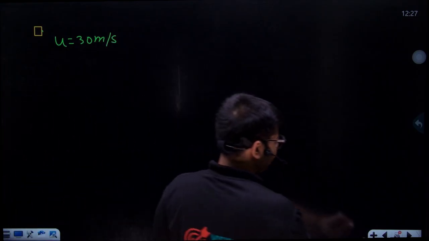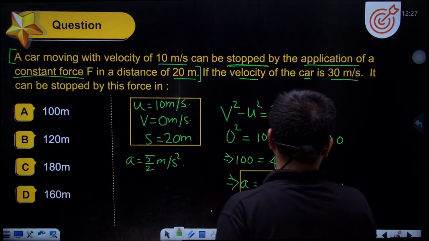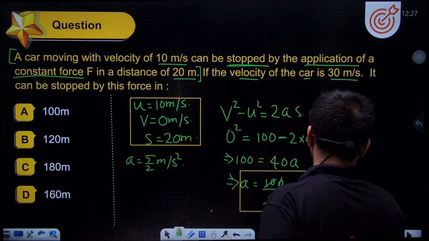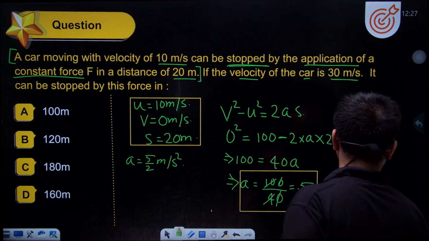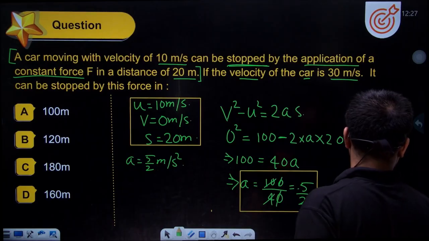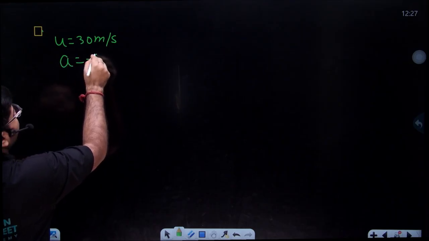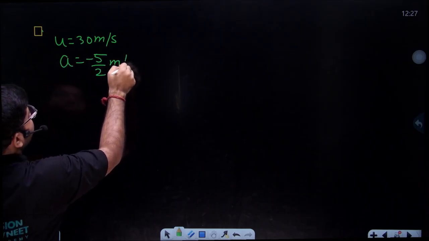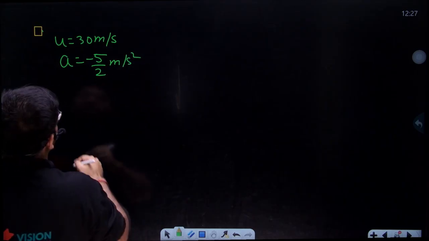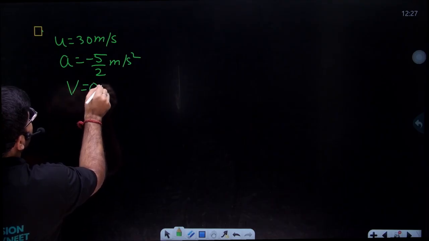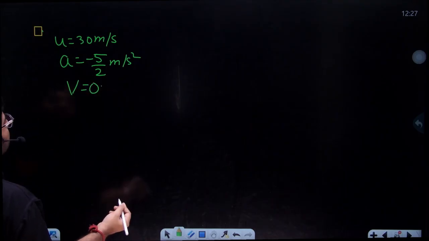What other information have I gathered? a is equal to 5/2, and this should be negative also. Please say a is equal to minus 5/2 meter per second square. v is equal to 0 because it is stopping, and we need to find s.